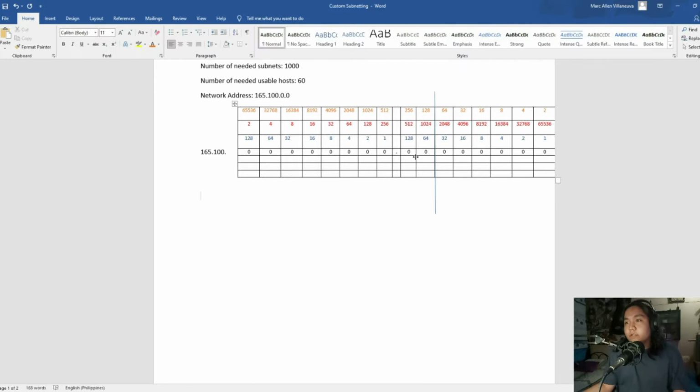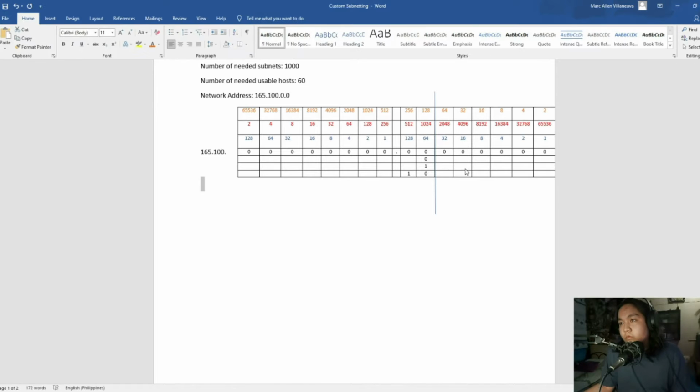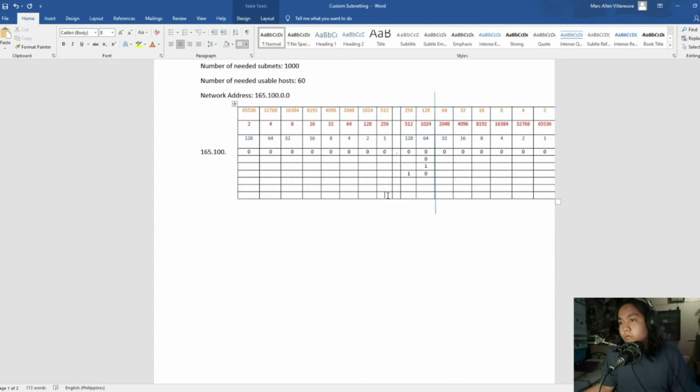Now here we have a pattern, which is 0 and 1, 1, 0, 0, 1, 10, and 11.